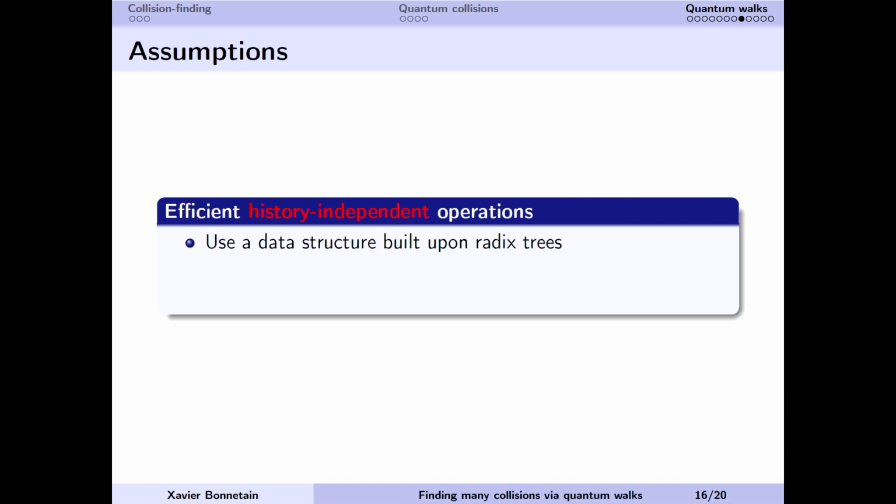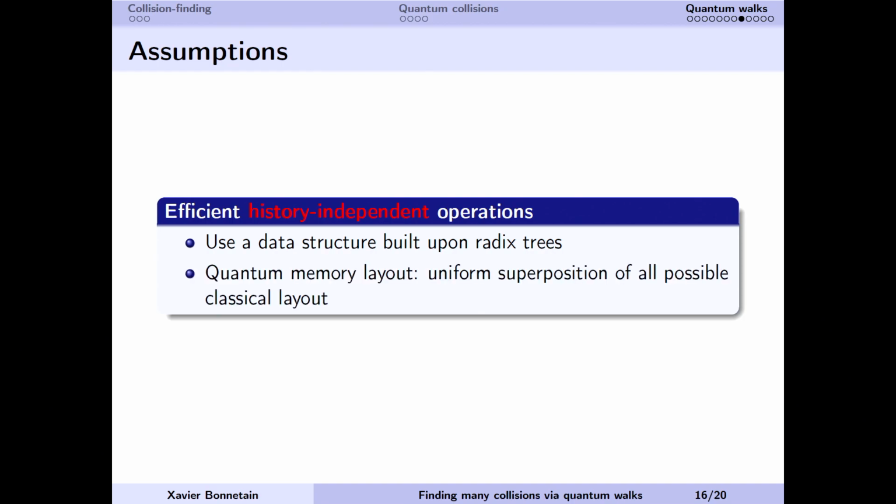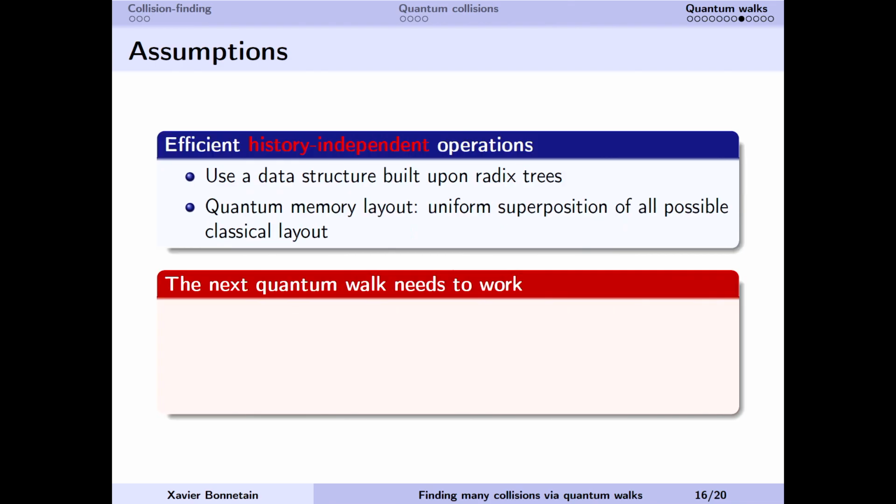And so to have efficient operations, we use a data structure that's built around a radix tree. And to be history independent, we have a quantum memory layout, which is actually the uniform superposition of all classical layouts. So we have to take care on how we do the update, but we can ensure that we have a unique quantum state.